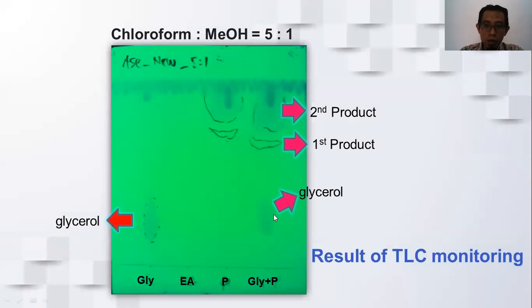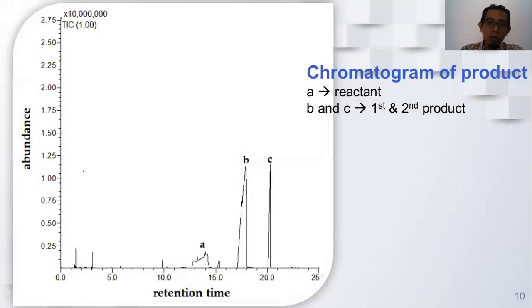We see the lower spot, and we predict it is glycerol, and the spot here is the first product, and the spot here is the second product. And then the mixture of product was further investigated by GC-MS.